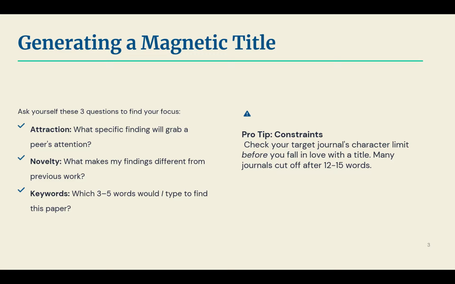The third thing is a question from you: which 3 to 5 words, if your research is going to be placed in a journal, would attract an audience for your research?